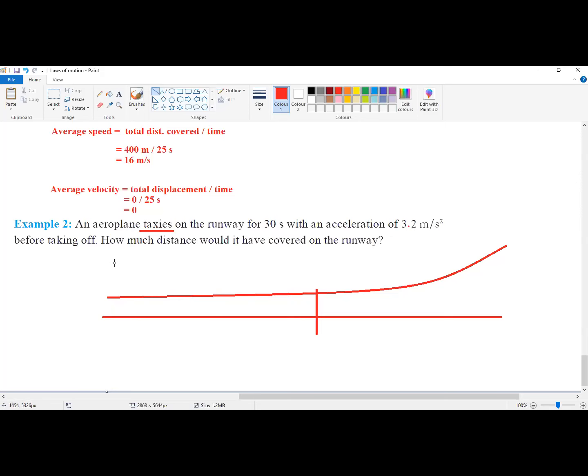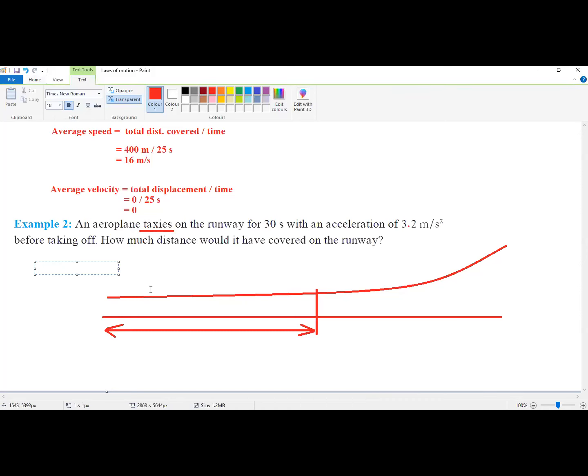Then how much distance would it have covered on the runway? So this distance you are asked to find before it takes off. How will you find it? You have been given the time, 30 seconds, for which it is taxiing.